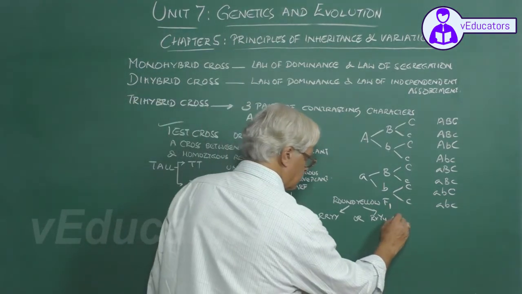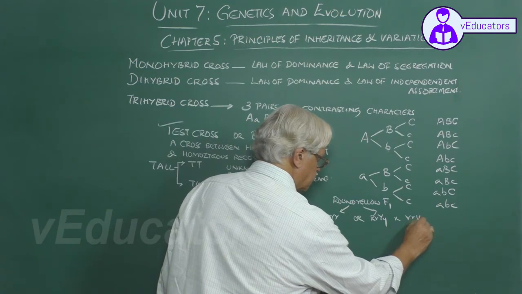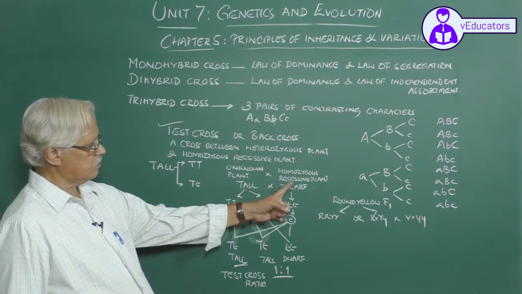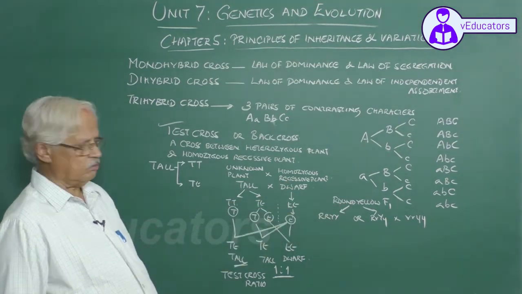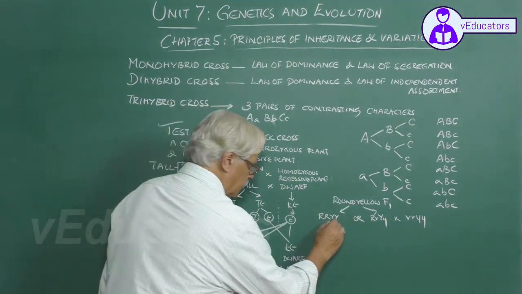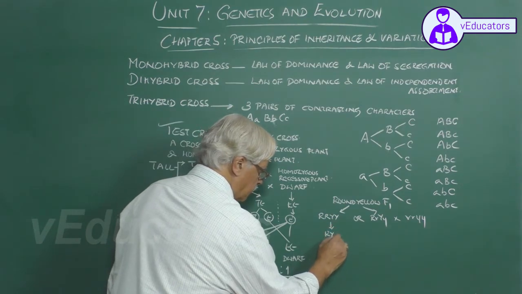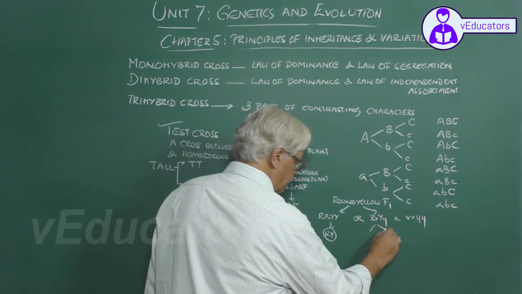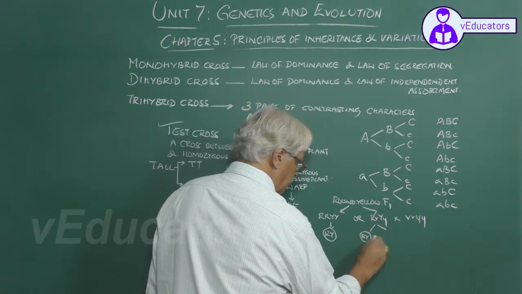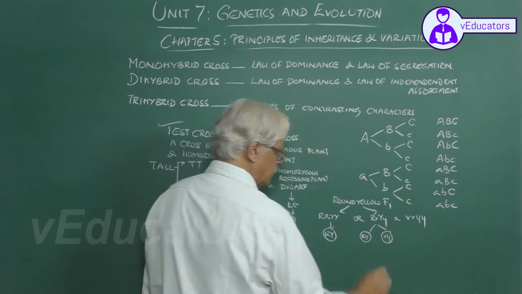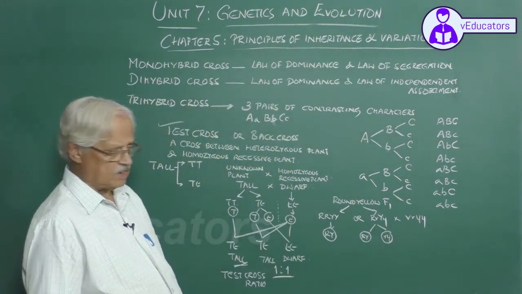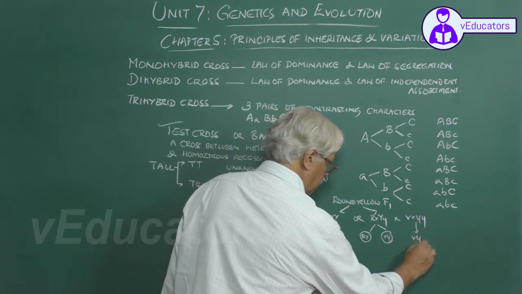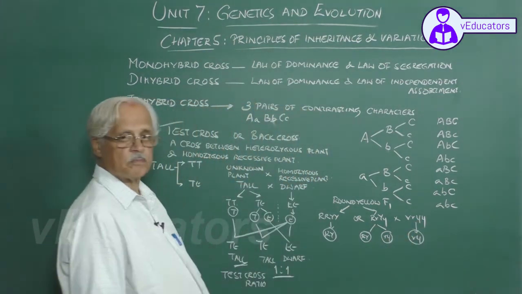This is crossed with a homozygous recessive plant, small r small r, small y small y. Here the gametes will be capital R, capital Y. Here the gametes will be capital R capital Y, or small r small y, 50% each. Here the gamete will be small r, small y.